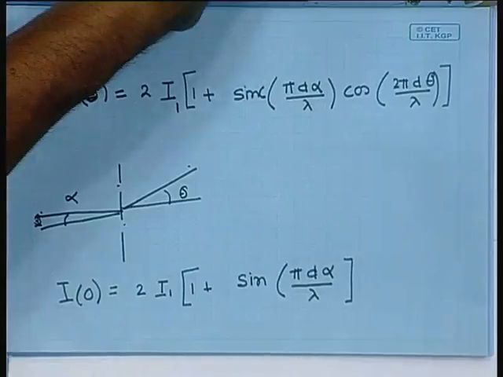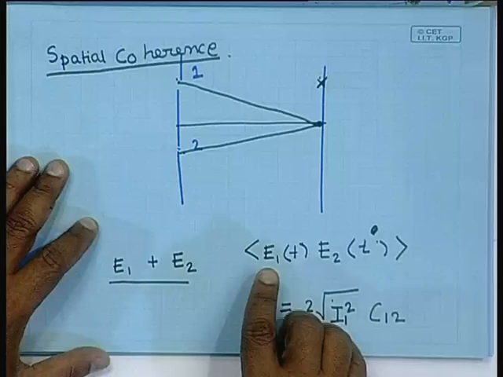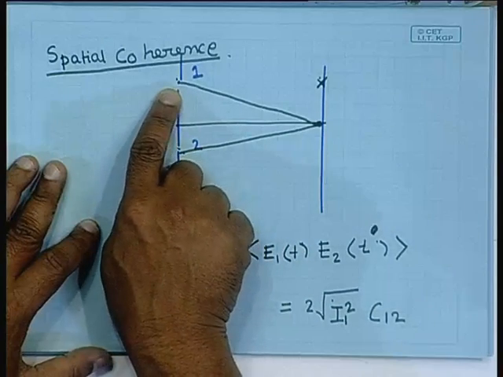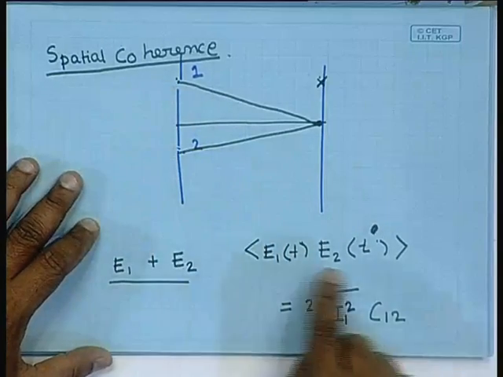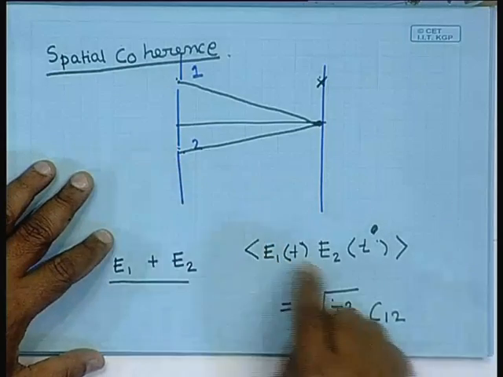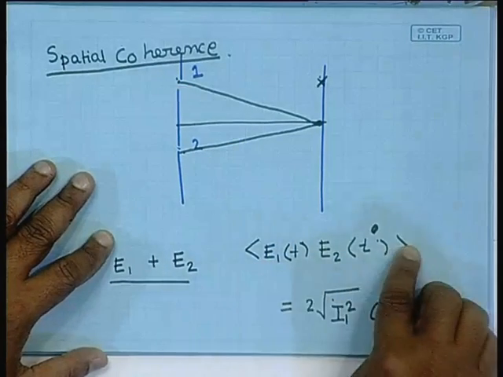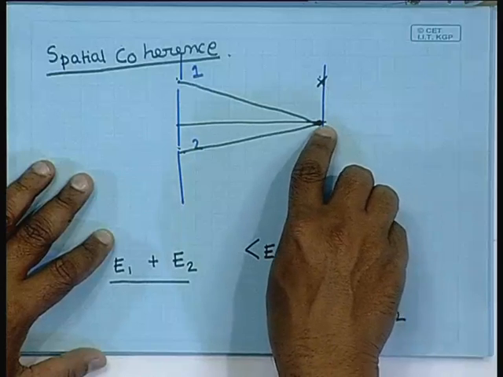The first point which you should realize is that if you restrict your attention to the point on the screen which is aligned with the center of the two slits, at this point the quantity being measured is the spatial coherence, which is the wave at the first slit, E1, into the wave at the second slit, E2. The time average of this is what is responsible for the interference at this point at the center.